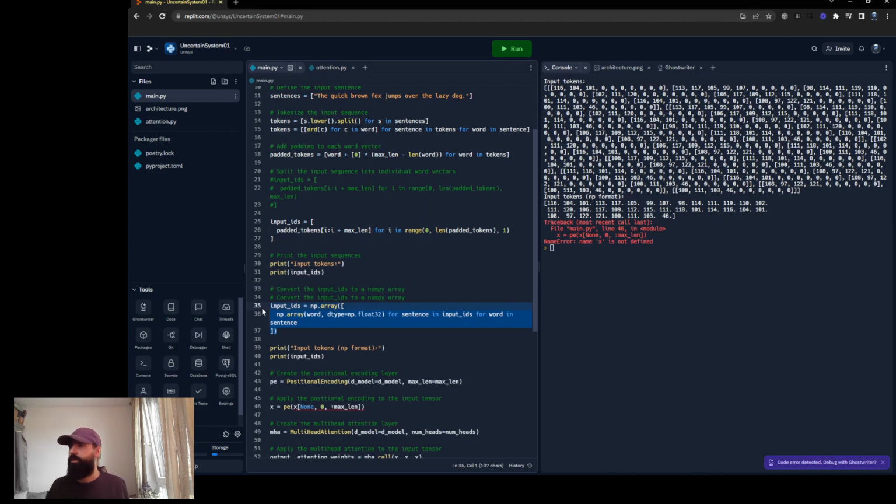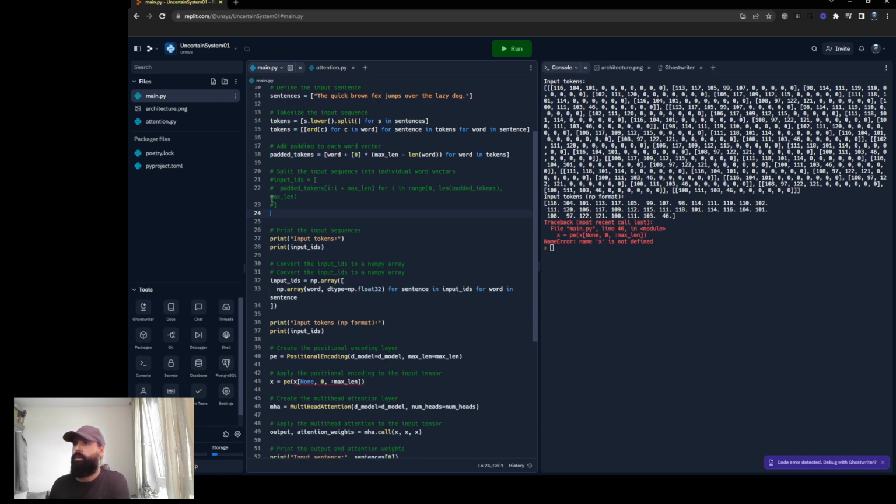Let's trash these. Okay, so how do we get that? How do we get that straight? What we want to do is basically transform each of these padded tokens thing here, not this one though.